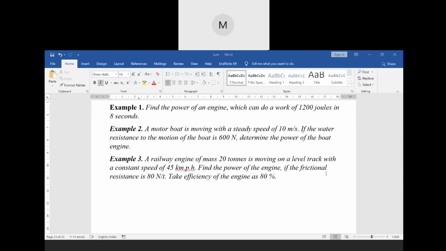Okay, no problem. If you have any doubt, you can ask me. So first of all, try to solve this one. Then you solve the next one.